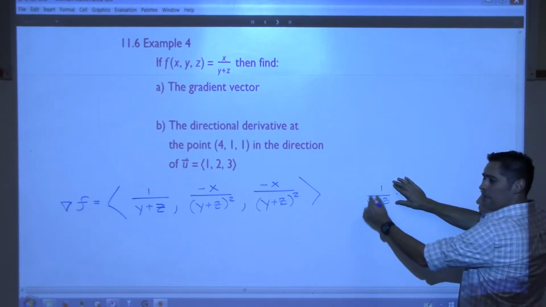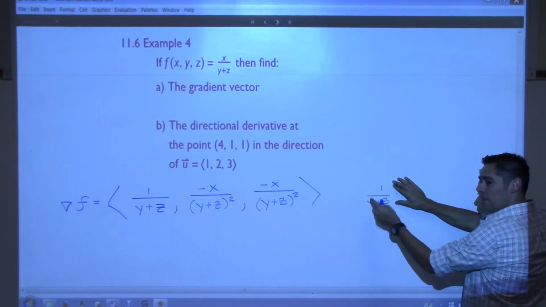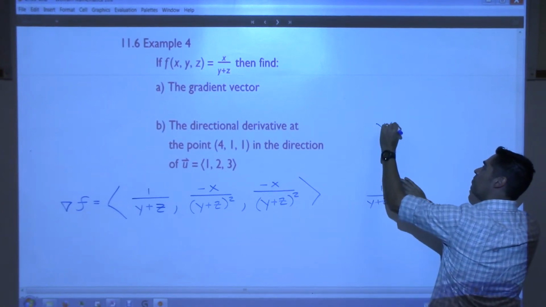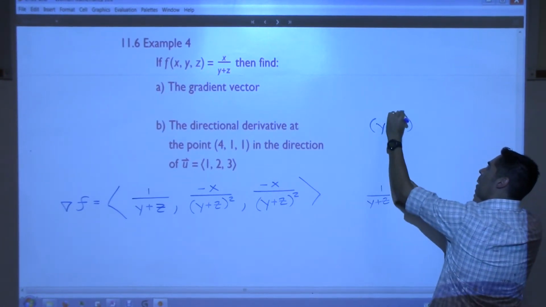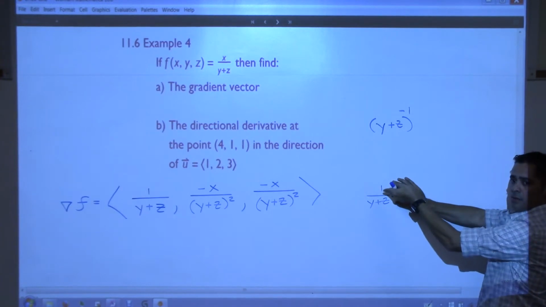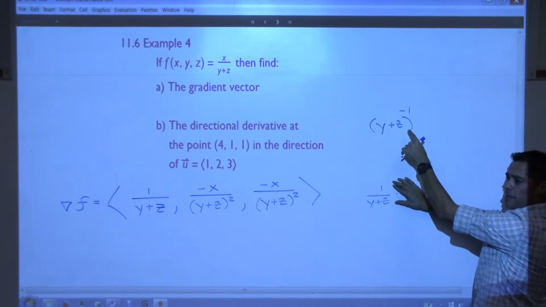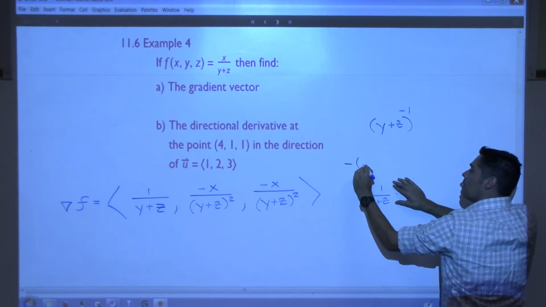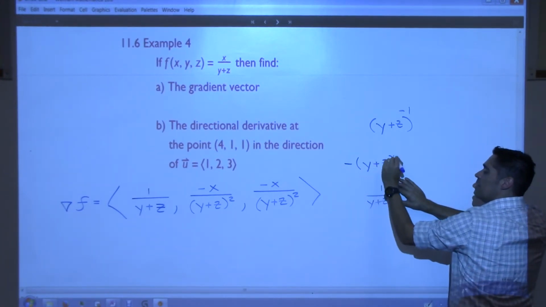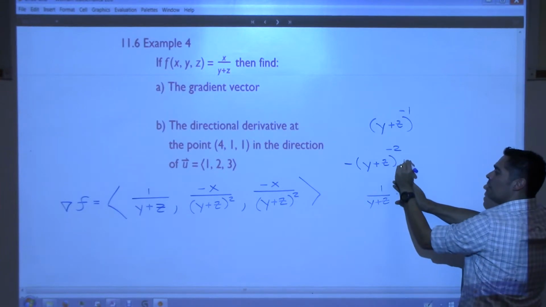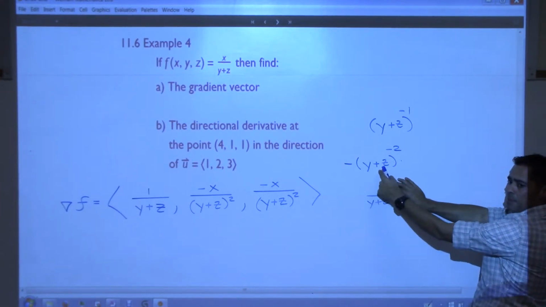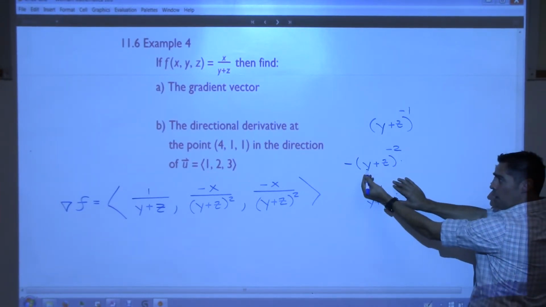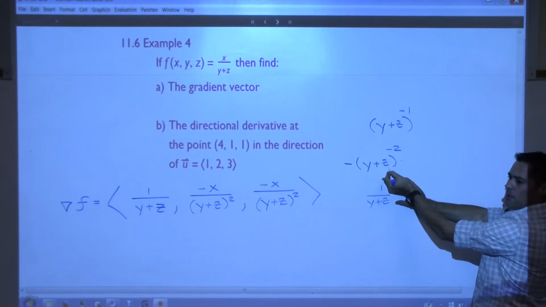So forget about that for now. But to do the derivative of this, because y appears in the denominator, you probably should move the y plus z up to the numerator, and then take the derivative, which is chain rule. So negative 1 comes out, y plus z to the negative 2 times the derivative of what's inside with respect to y, which is 1 plus 0, because z is a constant.